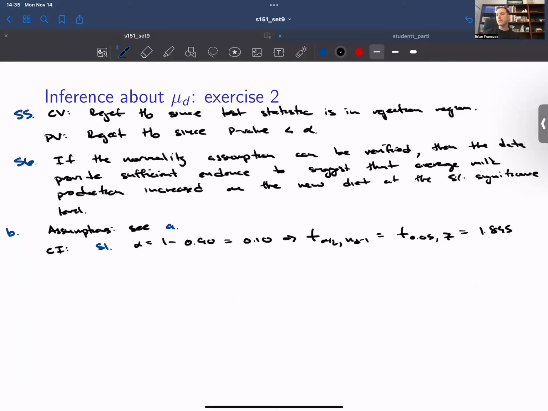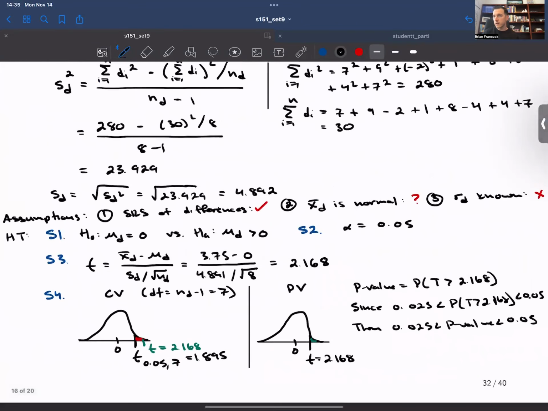Now, in the hypothesis test, we rejected the null. So what we have concluded is that there is evidence that mu d is greater than 0. Because the test and the interval are going to use the same critical value, the results of the test and the interval are going to agree. So we have evidence that the mean difference, mu subscript d, is bigger than 0. This means that the interval will give two bounds that are bigger than 0.